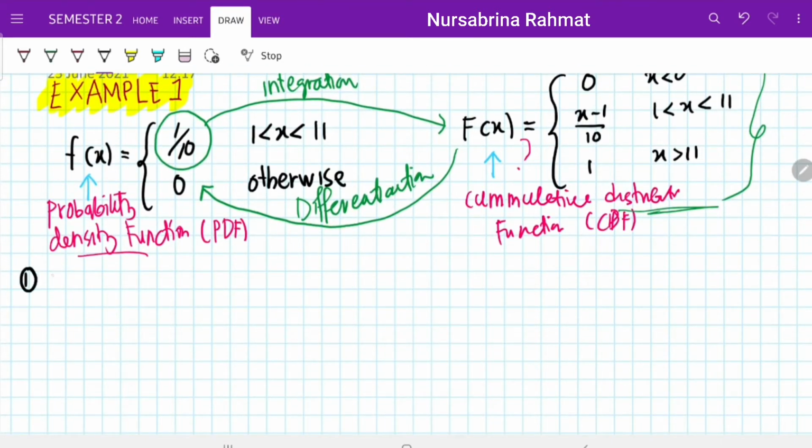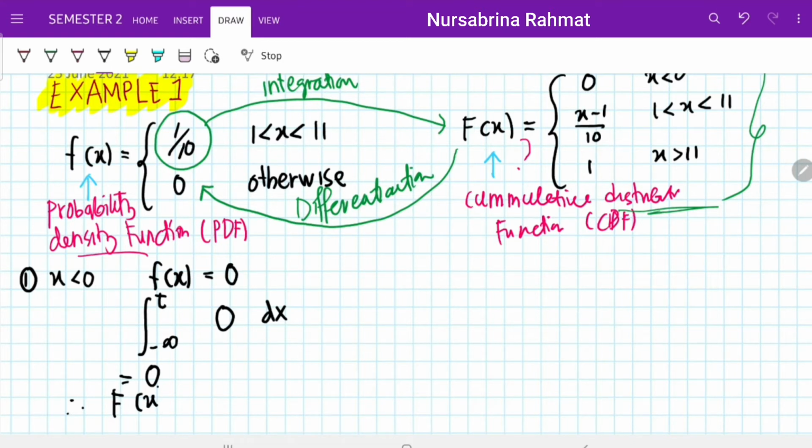As you can see from the probability density function, when x is less than 0, f(x) is equal to 0. Therefore, integrating 0 dx from negative infinity to t becomes 0, so the cumulative distribution function is equal to 0 for x less than 0.